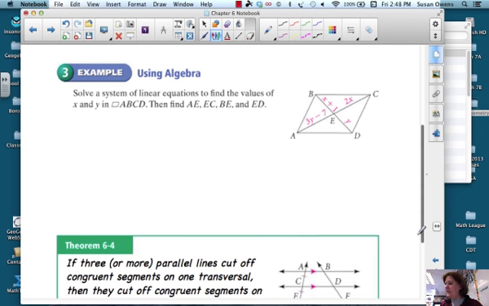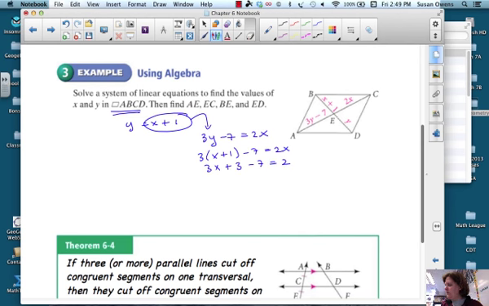So for this one, it tells me again it's a parallelogram. So I know the diagonals bisect each other, so I can say y is equal to x plus 1, and I also know that 3y minus 7 equals 2x. So I think substitution is the easiest way to solve this one. Y is equal to x plus 1, so I can substitute that in, and 3 times x plus 1 minus 7 equals 2x. So 3x plus 3 minus 7 equals 2x. 3x minus 4, subtract the 2x, add the 4, so x equals 4, which means that this diagonal is 5.